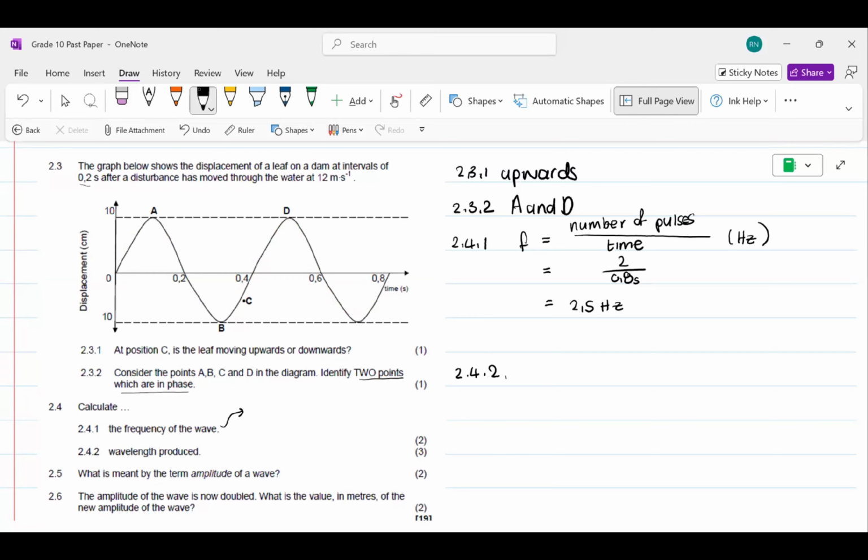So what is our wavelength? So we're trying to find the wavelength of this wave. We found the frequency, and so we are trying to find the wavelength.